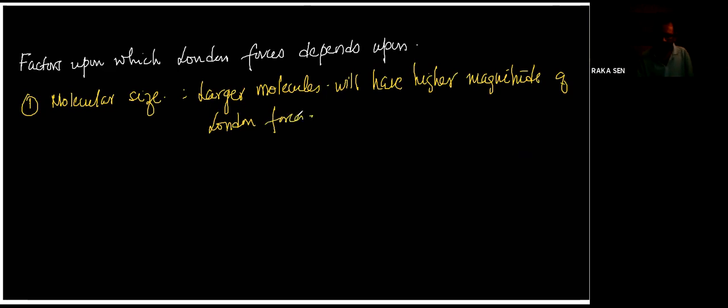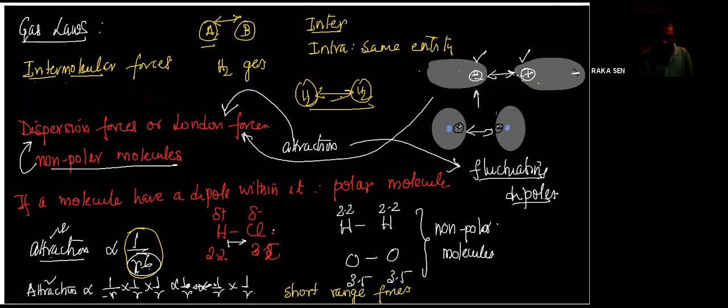Simple. Can you explain why? Why was London force actually operating? Because the electrons were fluctuating across the nucleus. So it was going in one particular direction, which was actually causing the electrons of the other molecule to repel. So plus-minus was happening because of a fluctuating electronic cloud.